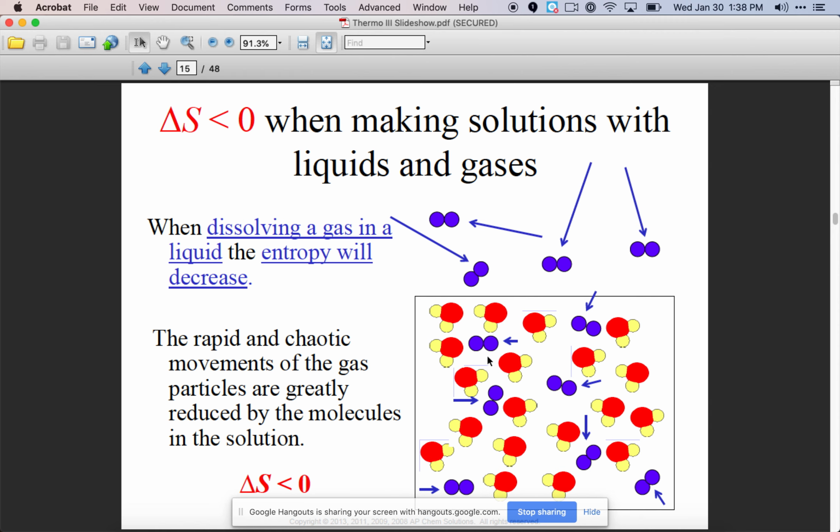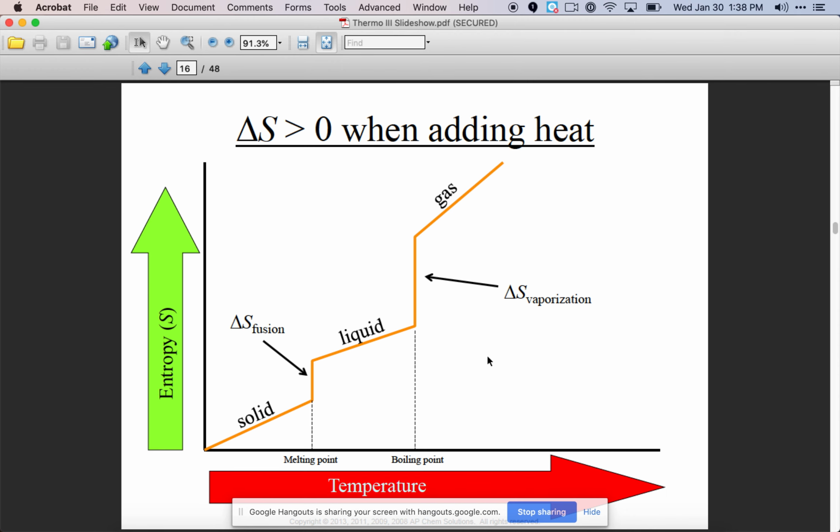When you get condensation or freezing, when you're going from a liquid to a solid or a gas to a liquid, you're decreasing entropy. Does anybody have any questions about this one? Okay.